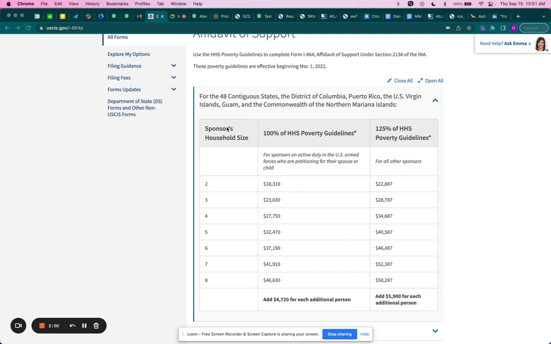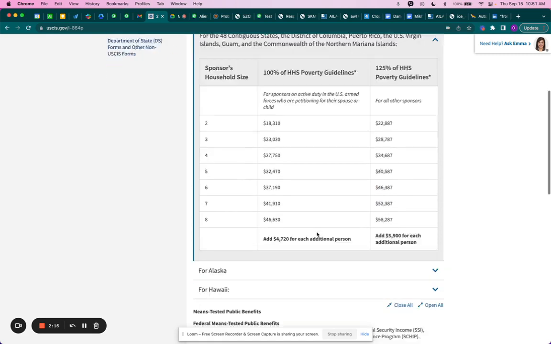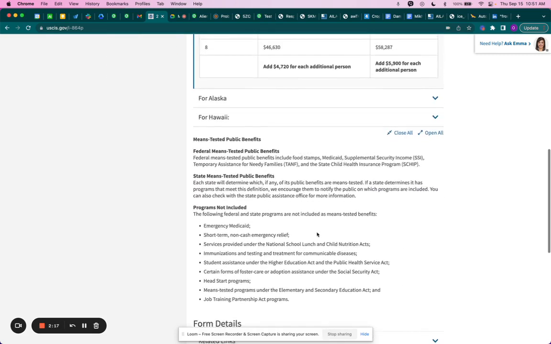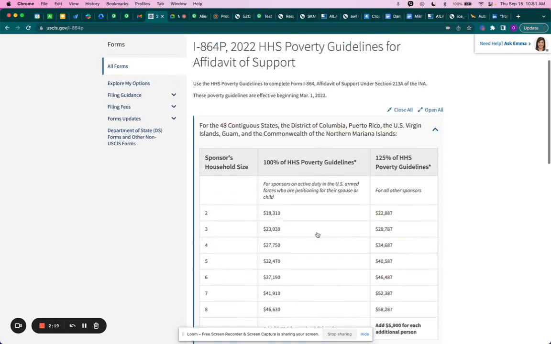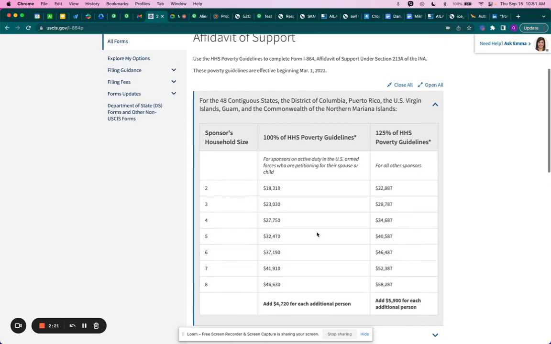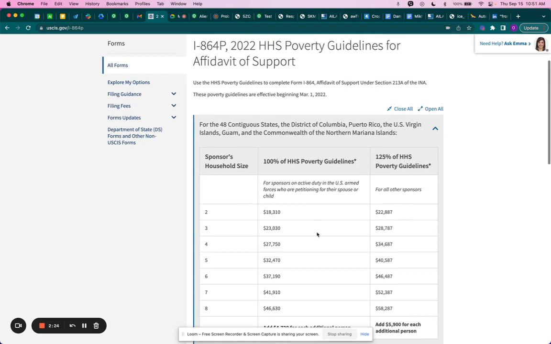In this example, it was 3 people, but you add 1 because of the foreign immigrant. So they would need to be making 34,687.